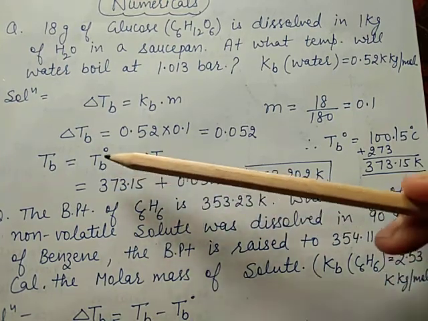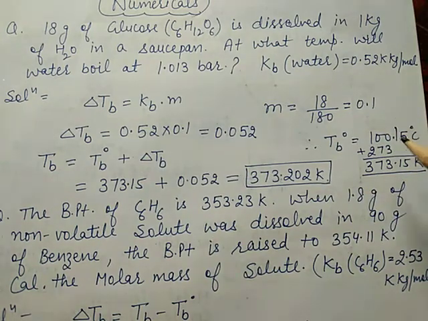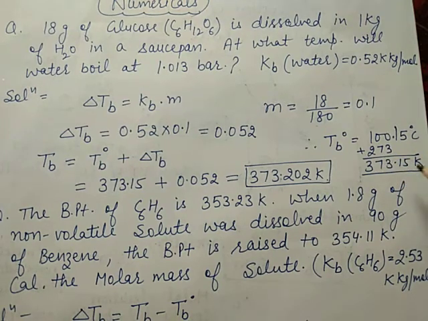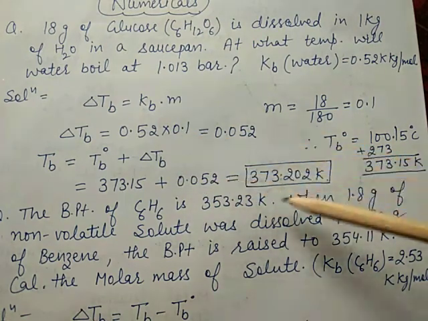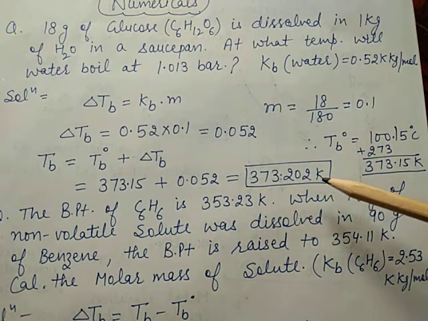Water boils at 100 degrees Celsius. Converted into Kelvin, that is 373.15 Kelvin plus 0.052, the answer is 373.202 Kelvin.